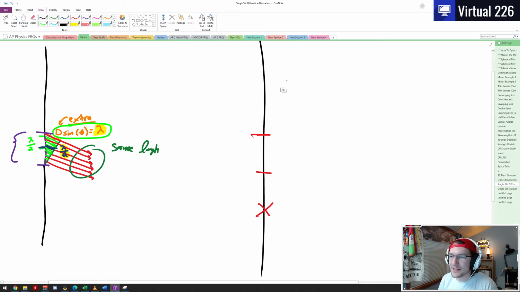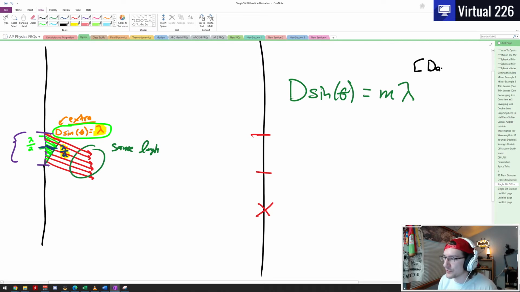What it means in this case is if this extra path distance, this D sine theta, is equal to an integer value of the wavelength, we're not going to get a bright fringe anymore. What we're instead going to see is darkness.